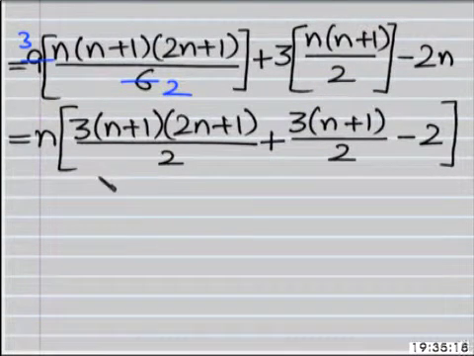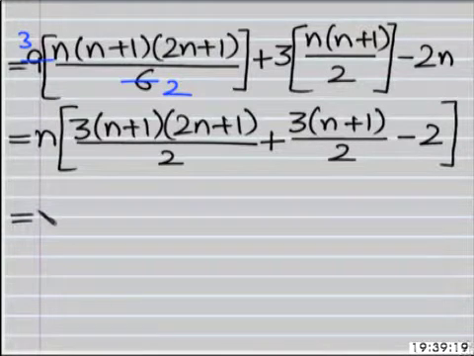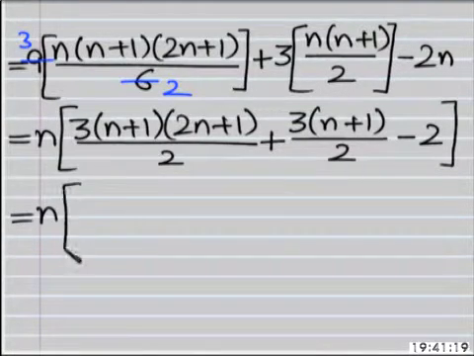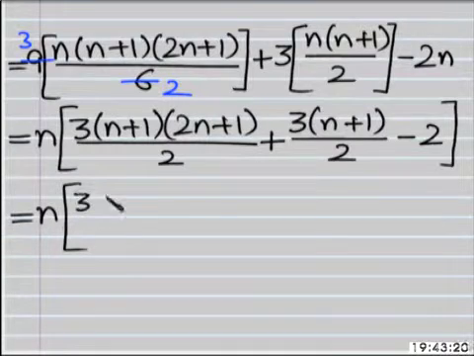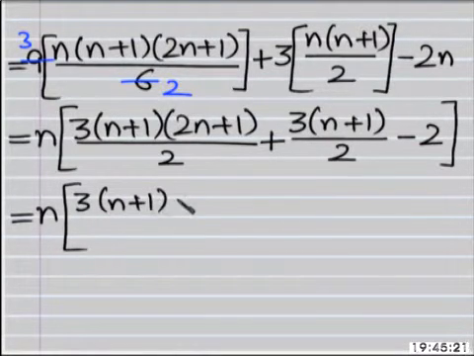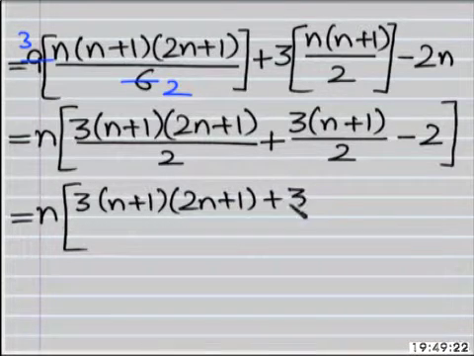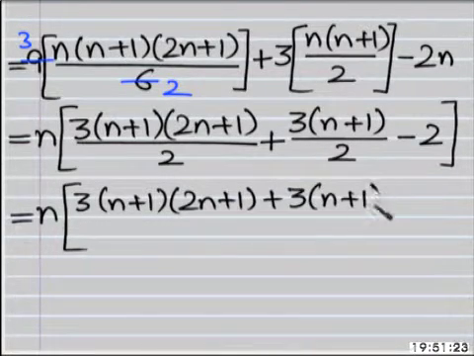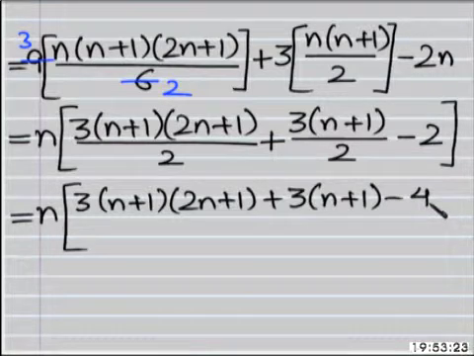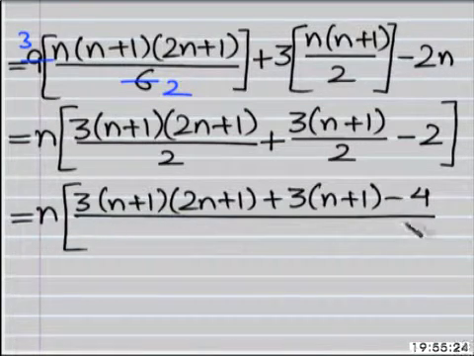On taking out 2 as the LCM, Sn is further equal to n whole multiplied by 3 into n plus 1 into 2n plus 1 plus 3 into n plus 1 minus 4 whole divided by 2.